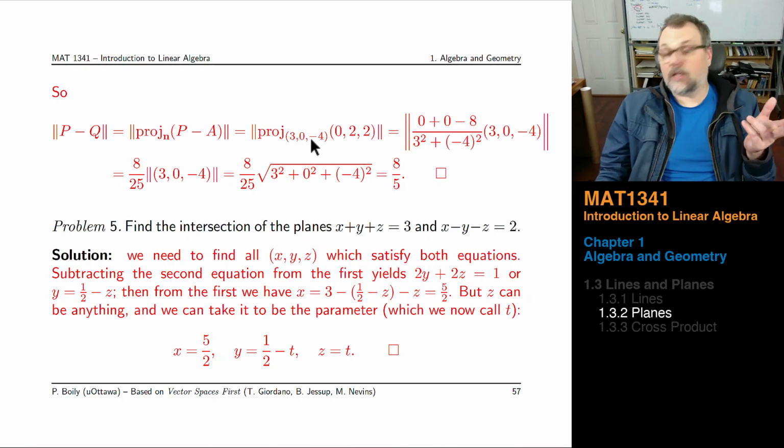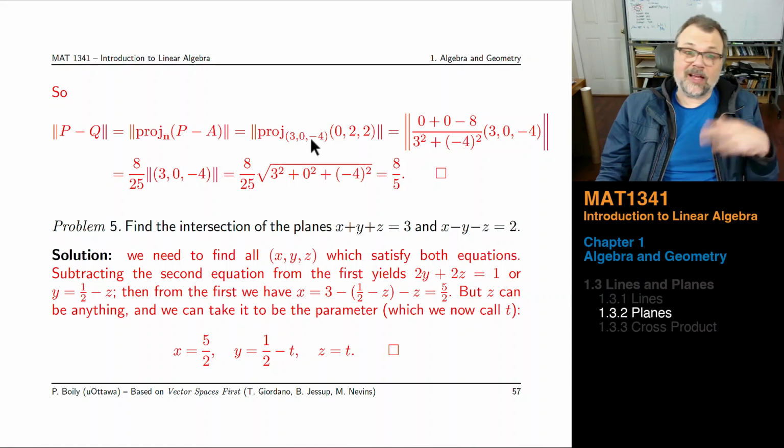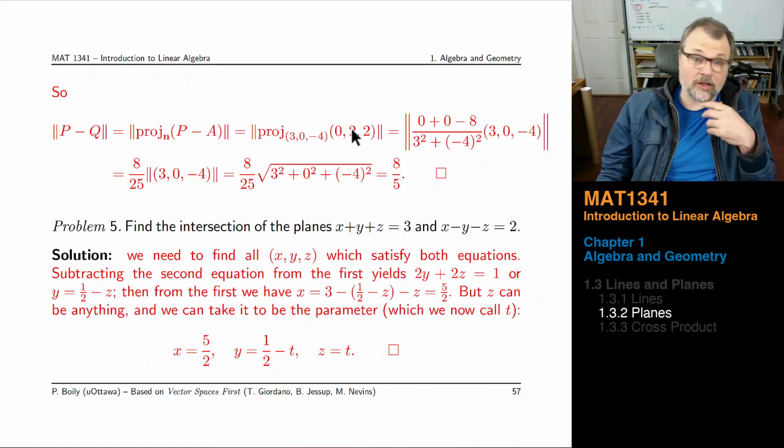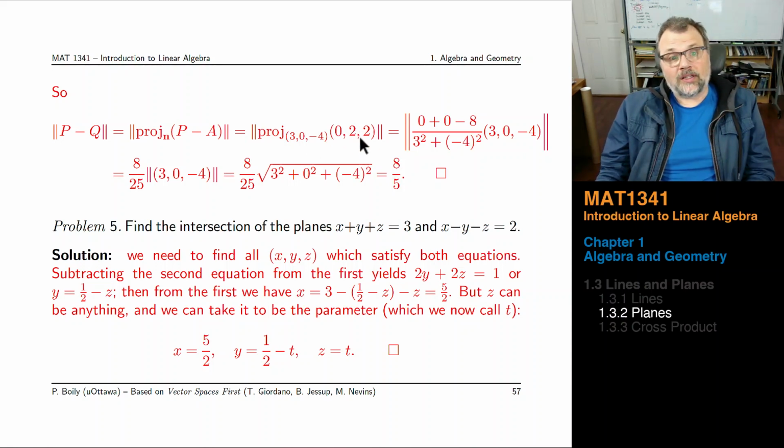This is a formula that you have to remember. It's not that complicated. You do the inner product of the vector that we're trying to project with the vector on which we project. We divide that by the length of the vector on which we project, and we multiply that by the actual vector itself on which we project.